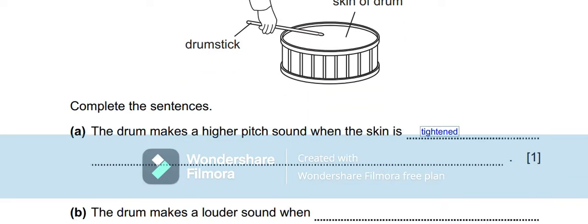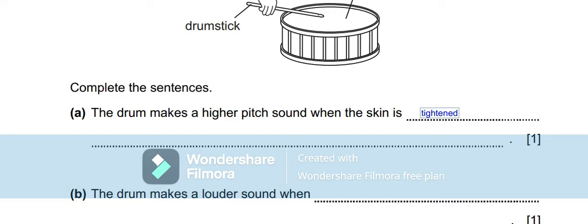Then we go on to the other part, which is saying that the drum makes a louder sound when it is hit harder. Okay, right?